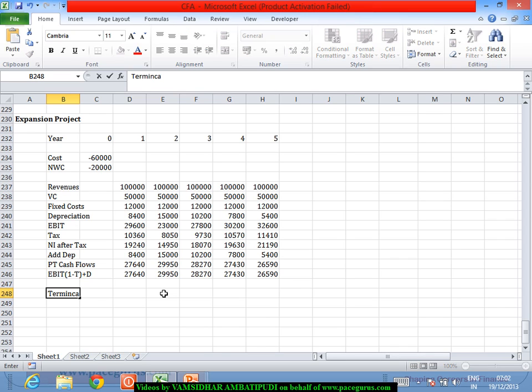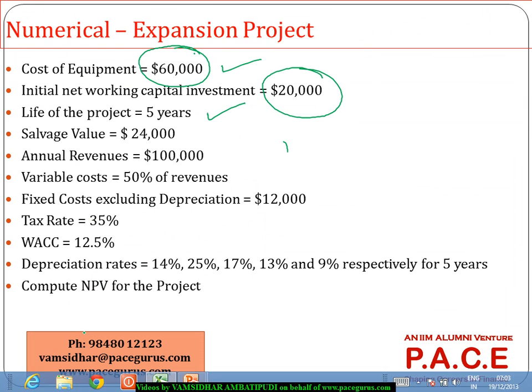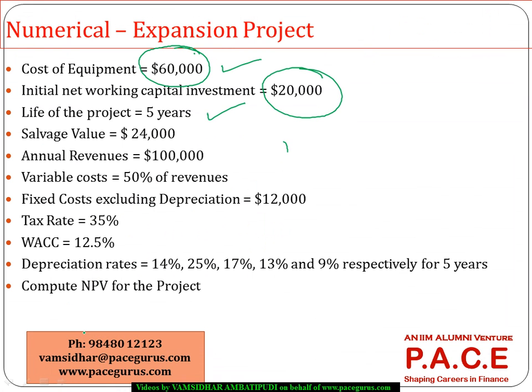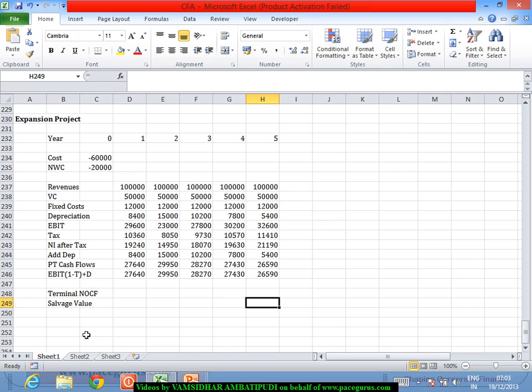Terminal non-operating cash flows, whatever are there. So in this, what is that we have? One, the salvage value, because I am selling off the asset at a particular price. I am selling it at 24,000 bucks. So this is the cash that I am going to get.